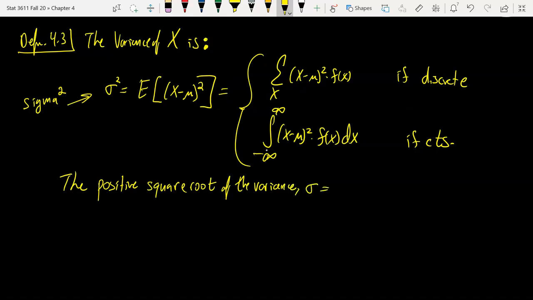That's why we use sigma squared for the variance: sigma is the square root of sigma squared, called the standard deviation of your random variable.